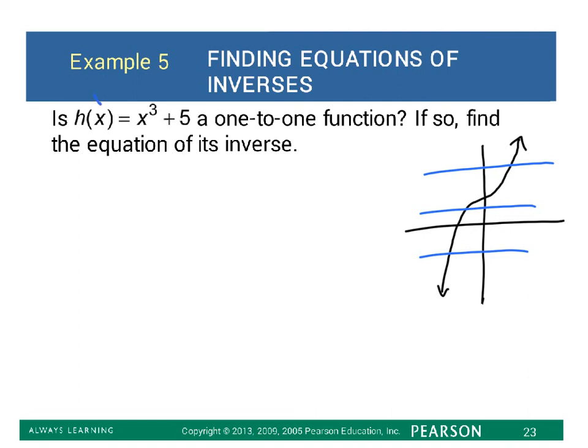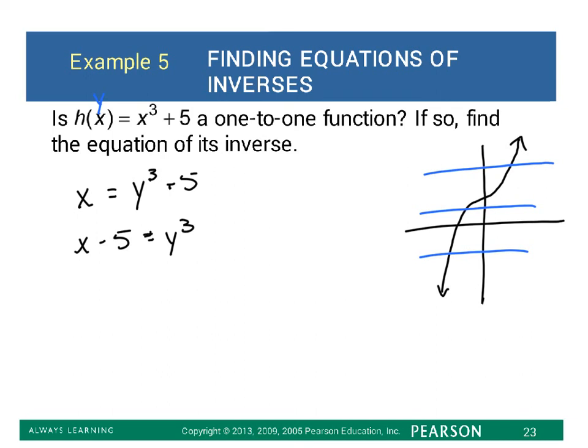Replace this h of x with y and switch x and y. So that's the first step. Switch it. So x here equals y cubed plus 5. Now solve for y. So we're going to subtract 5 from both sides to get this.